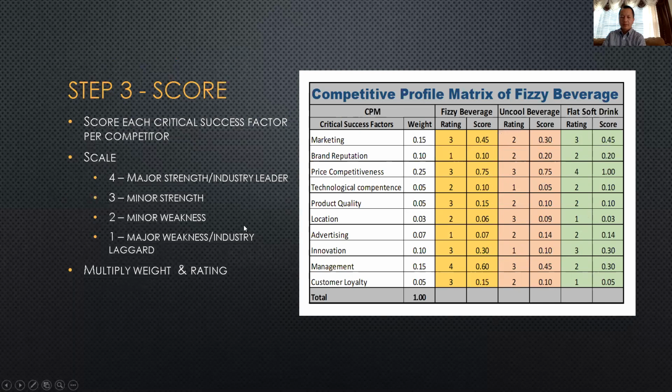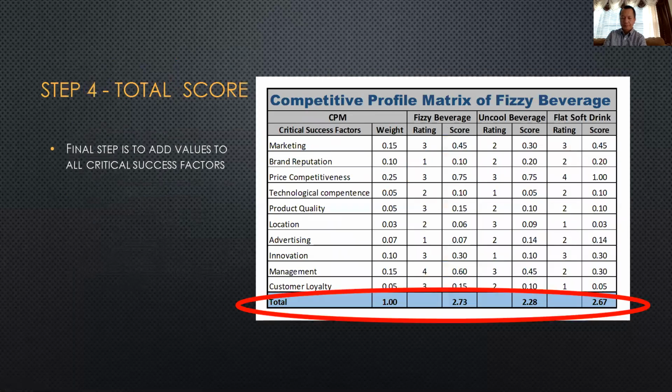All right, so are you ready for the next step, which is number 4? Number 4 is just to total everything together. And like I said, it's very easy to do, as simple as CPM. So you just add up your scores, and here Fizzy Beverage got a 2.73, Uncool Beverage 2.28, and Flat Soft Drink 2.67. So it looks like we're pretty consistent.